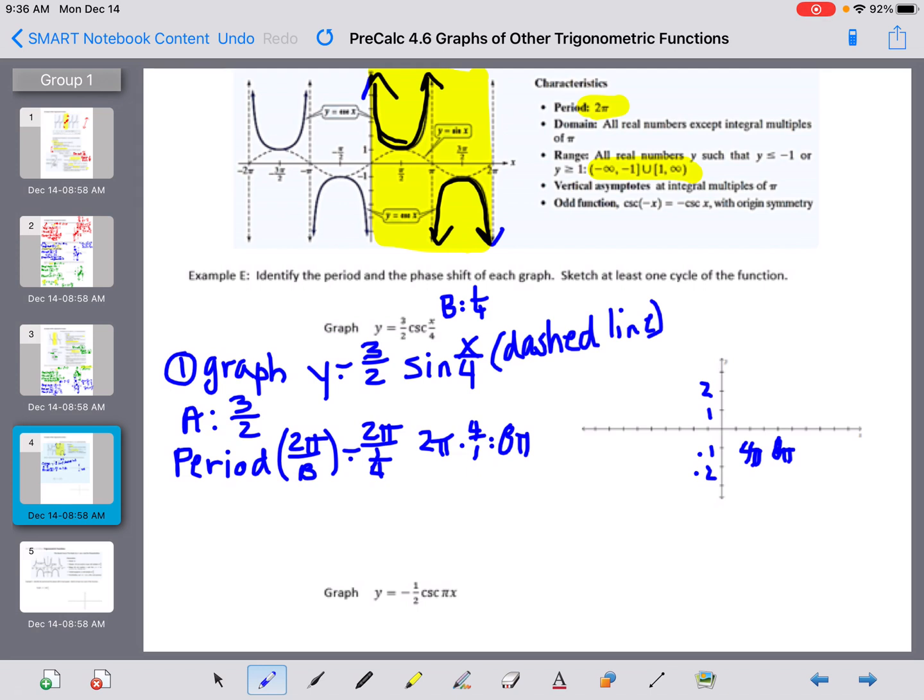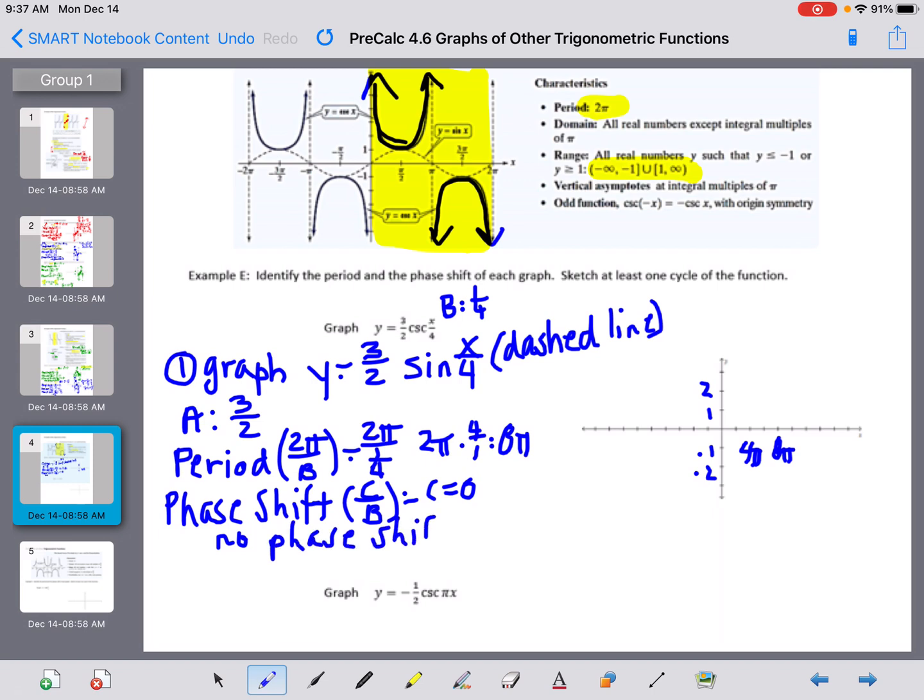All right, my phase shift, I need to check to see if there is one. Phase shift is C over B, and because I see no plus or minus with that x, tightly held by a parenthesis, C is 0, so no phase shift. Here's the deal, we're graphing this curve.